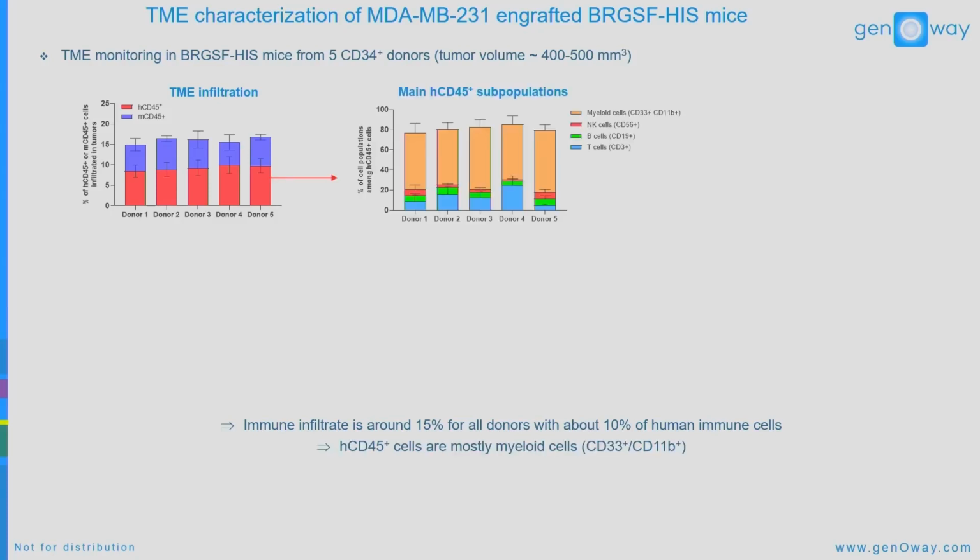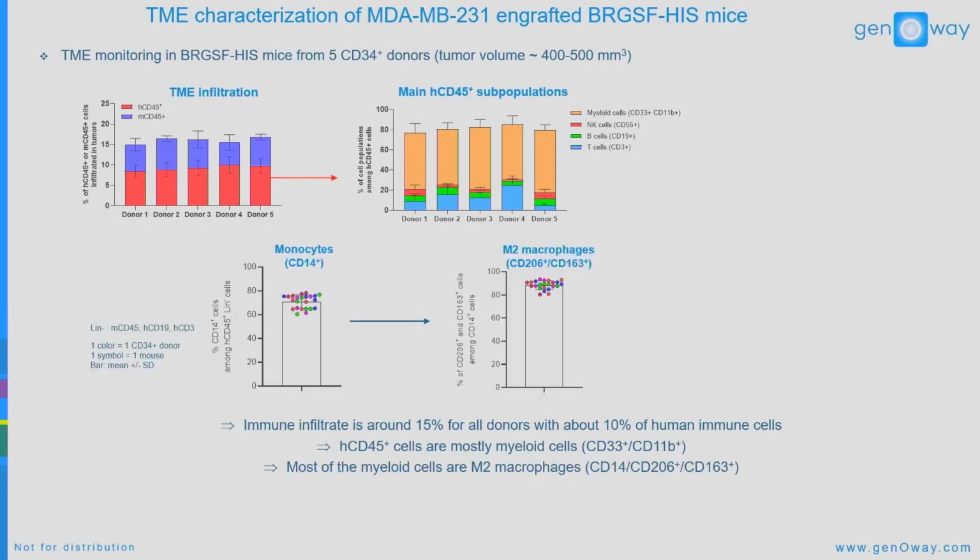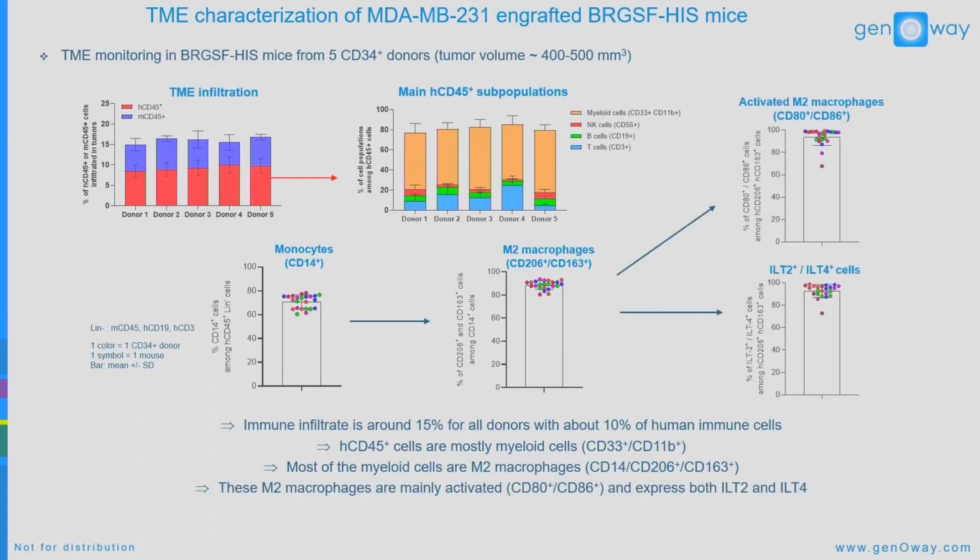When focusing on the human CD45 positive cells, these are mainly myeloid cells. These myeloid cells are mainly CD14 positive cells. They are M2 macrophages, which express ILT2 and ILT4, so LILRB1 and LILRB2, and those macrophages are activated macrophages.